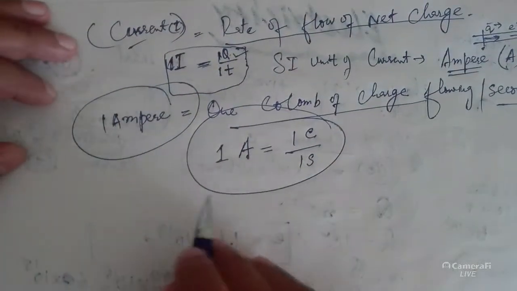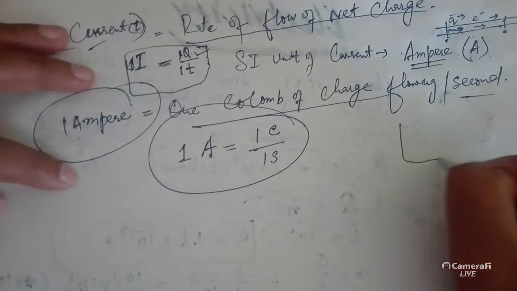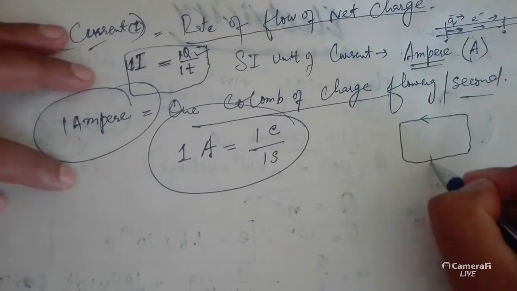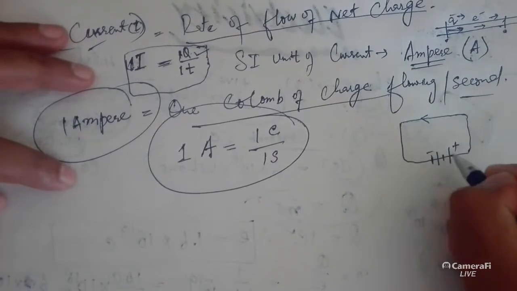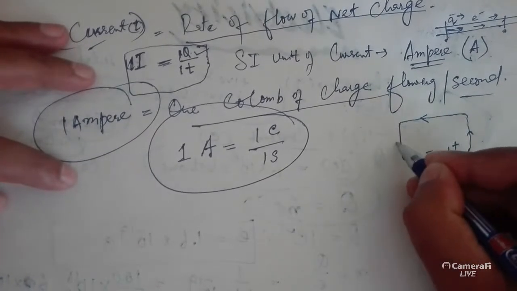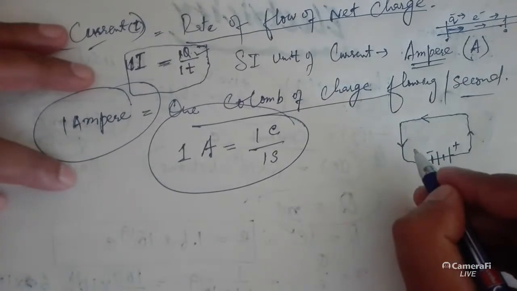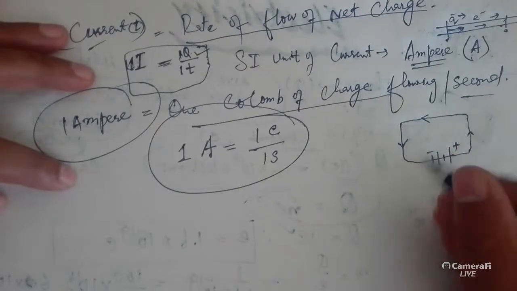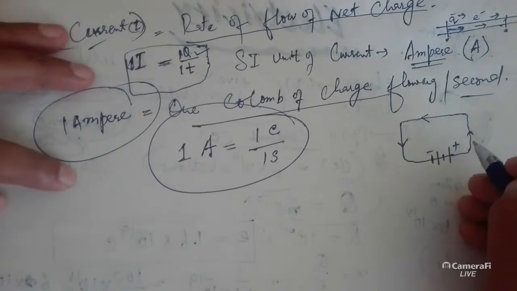Okay, in an electric circuit, circuit means when we have a complete flow of charge from one point. Suppose this is the battery, where we give the flow of charge, this positive, negative, so it is complete. So in an electric circuit, the flow of current will be mentioned in the opposite direction of the electron charge.